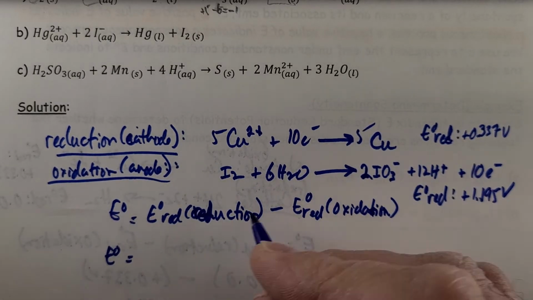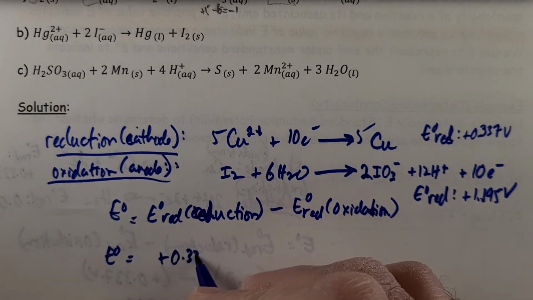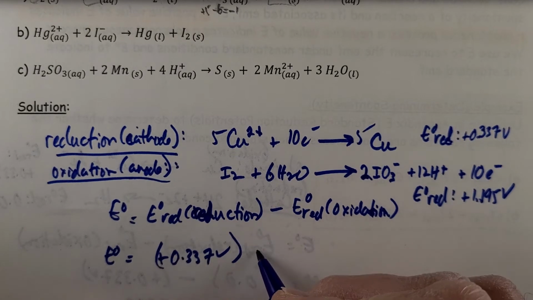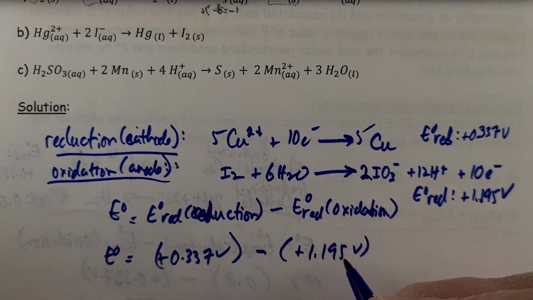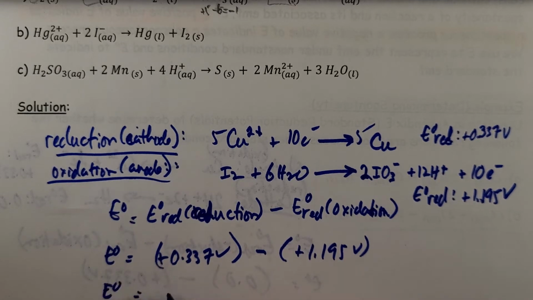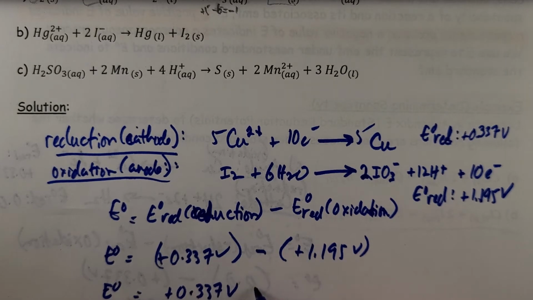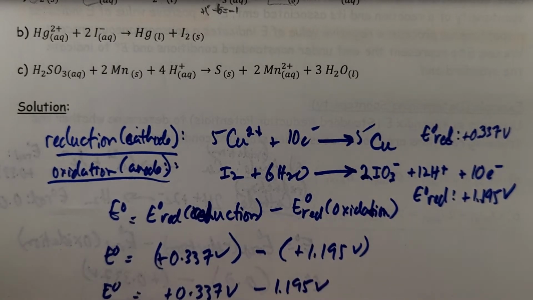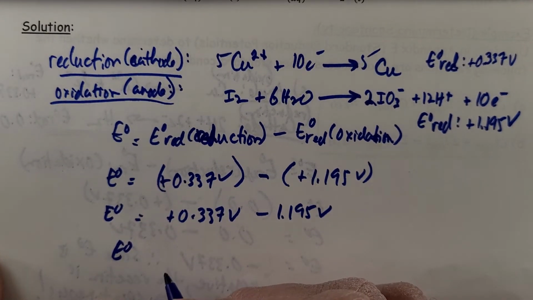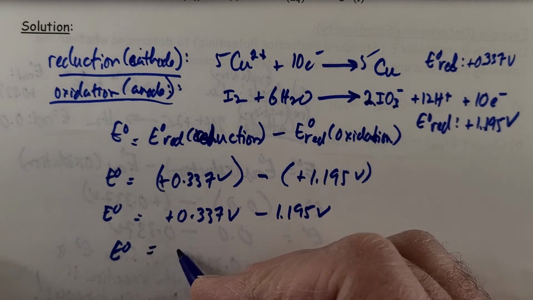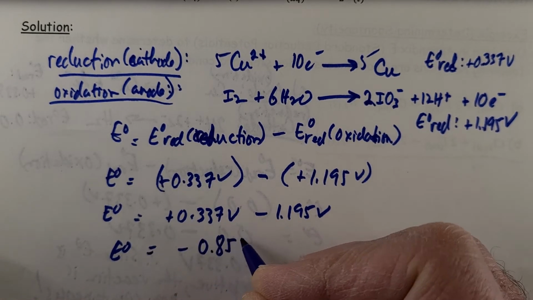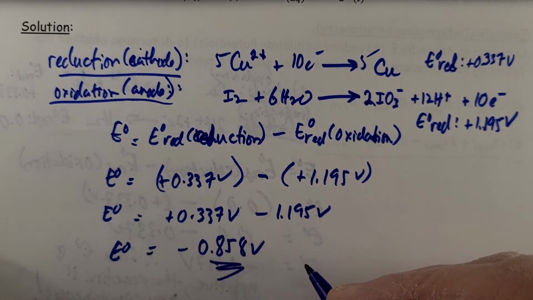So let's see here, my reduction is plus 0.337 volts minus plus 1.195 volts. Minus a positive. And let's see what we get here when we put that in our calculator. So we get negative 0.858 volts.